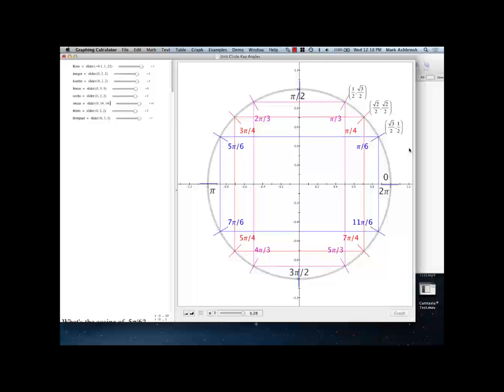In which quadrants is the cosine positive? 1 and 4. Horizontal distance to the right. In which quadrants is the sine positive? 1 and 2, where the vertical distance above is positive. So based on knowing that, using these values and the symmetry of all the angles, applying the right positive and negative, you know the sine and cosine of all these.